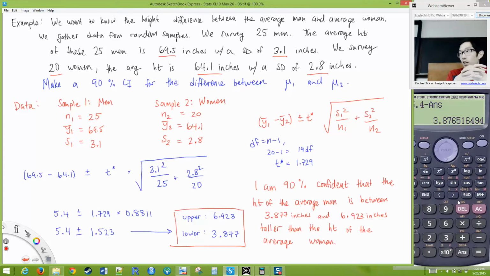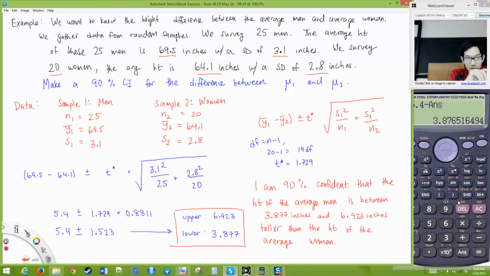Now, of course, any individual man and any individual woman will not exactly have a height difference of 4 to 7 inches. You might have a short man or a tall man, short woman or tall woman, and if we picked LeBron James and some other woman who's not as tall, you're going to have more than a 7-inch difference, okay?